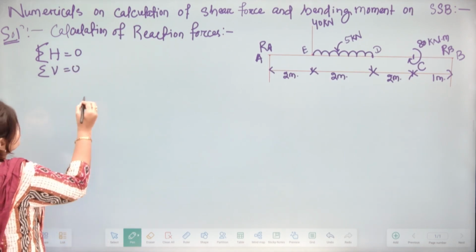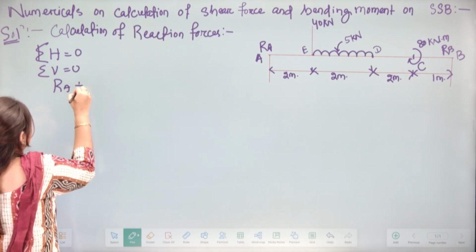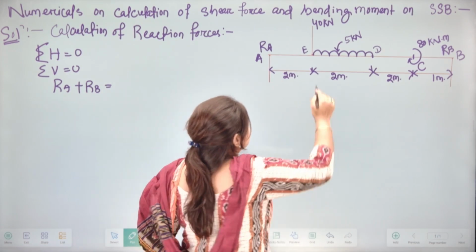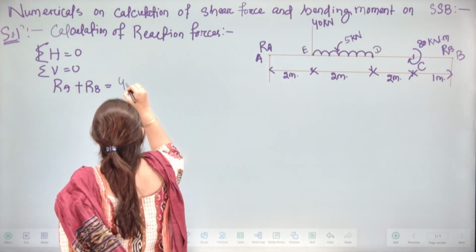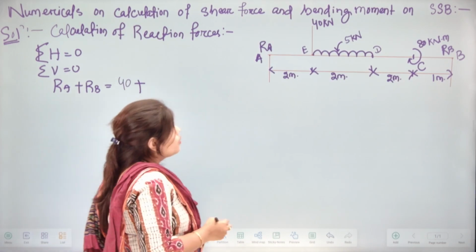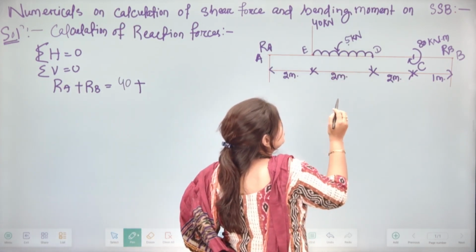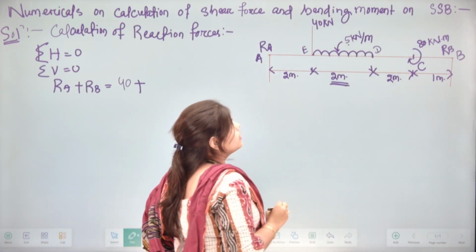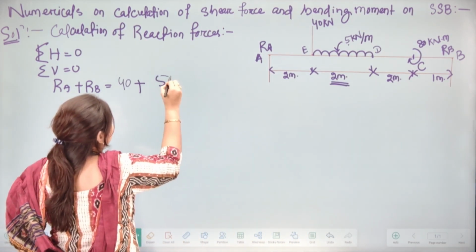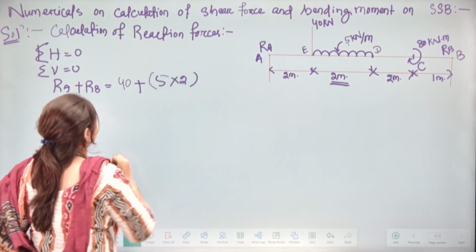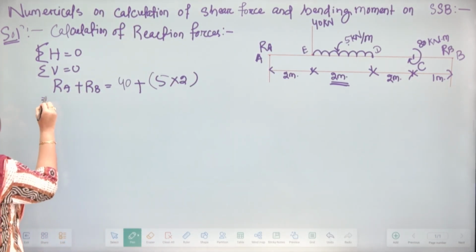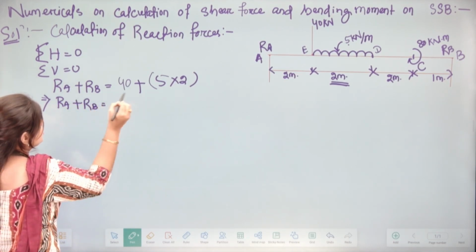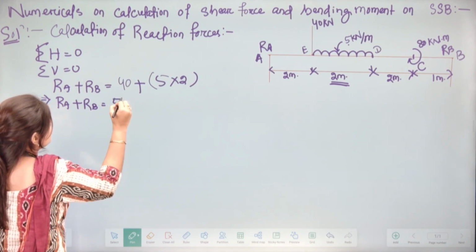So here Ra plus Rb is going to be this 40 kilonewton plus the 5 kilonewton per meter. Here the distance is 2 meter, so the load will be 5 into 2. So Ra plus Rb is 50.